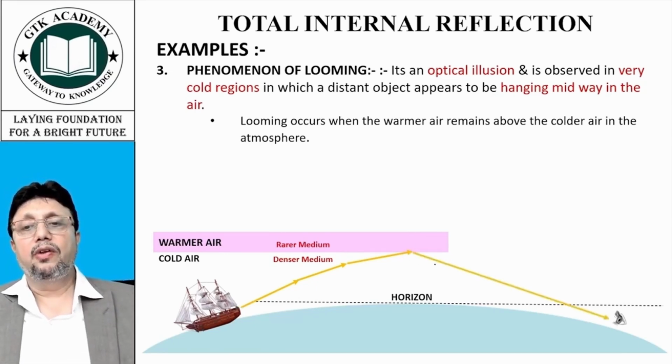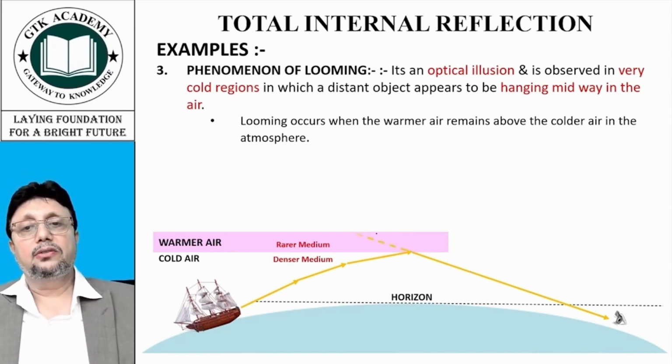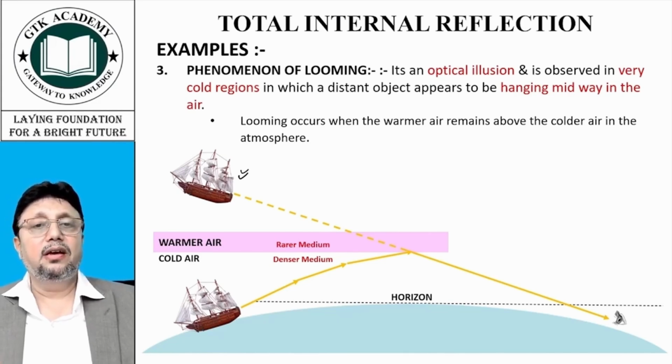So what will happen? It will reach the observer's eye, and the ray is coming from the ship, but it will appear that it is coming from, you just extend it backwards like this. So this will be the image of the ship, although the ship is in the sea, which is not seen directly by the observer, but it will appear that this ship is hanging midway in air.